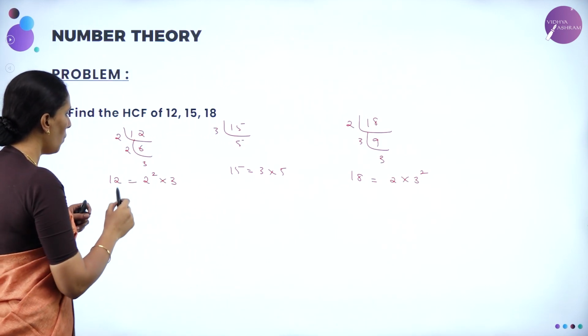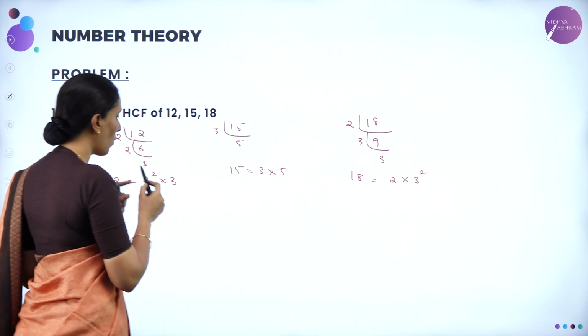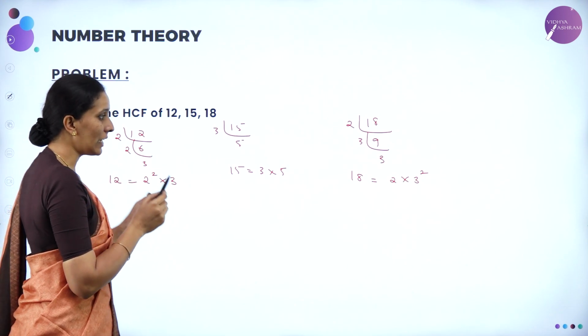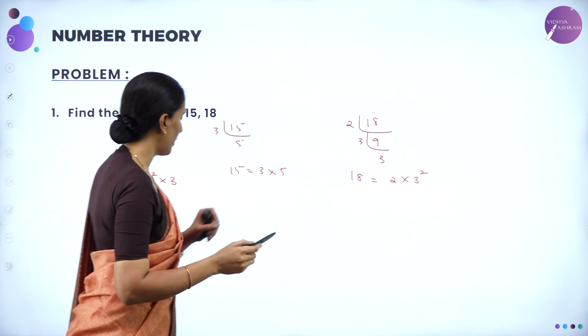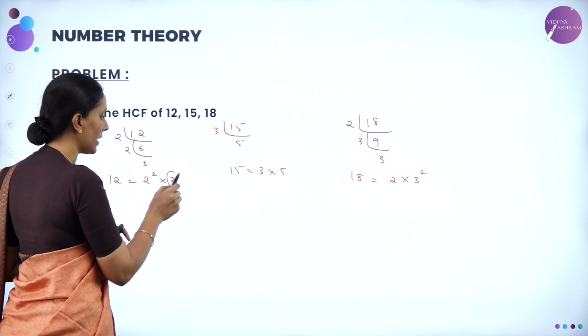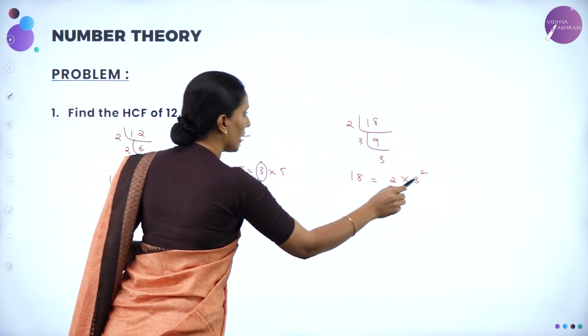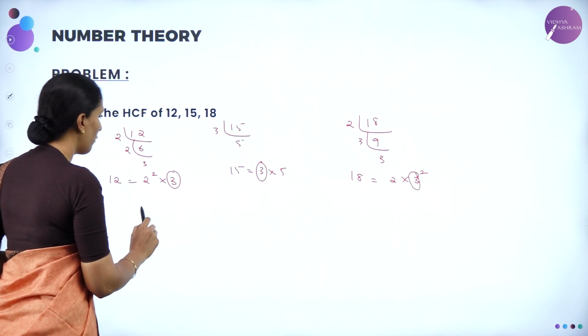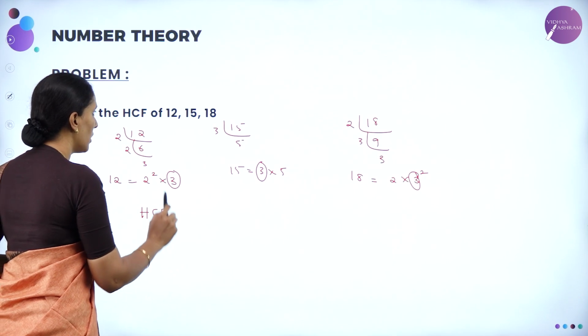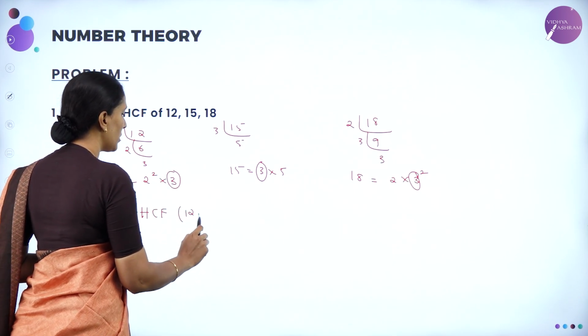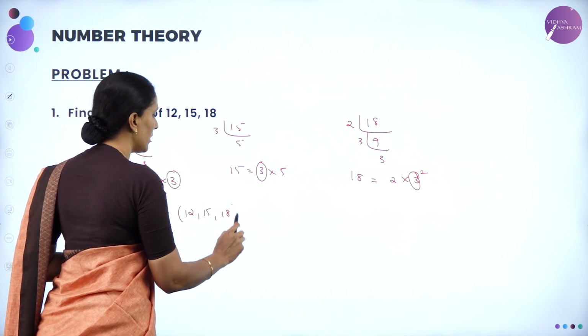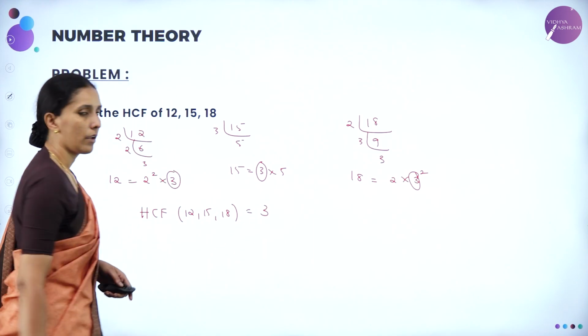So what is the common factor with least power in all the three terms? Clearly we can say 3 is the common factor in all the terms. So therefore HCF of 12, 15 and 18 is equal to 3.